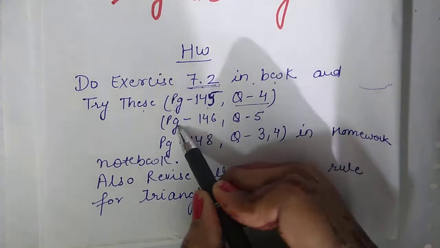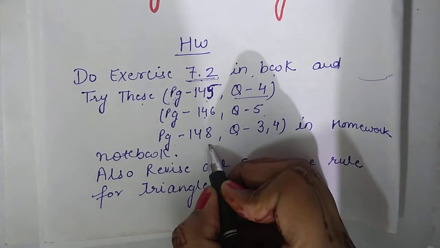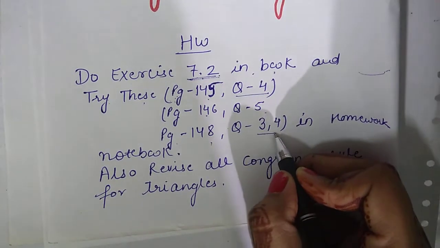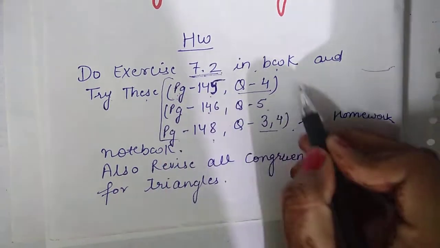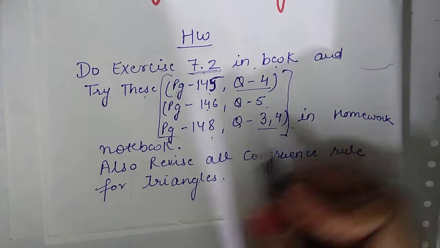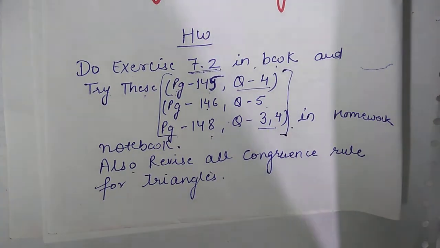Page number 146, try these, question number 5. And on page number 148 you have to do question number 3 and 4 in your homework notebook. And you have to revise all the congruence rules for triangles.